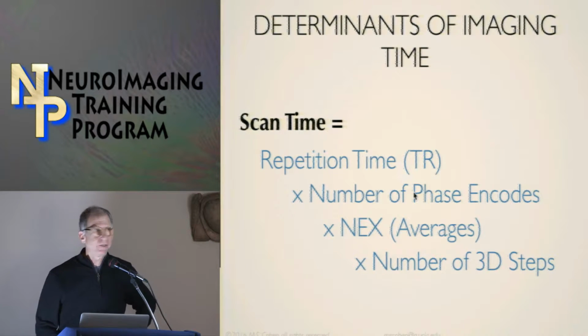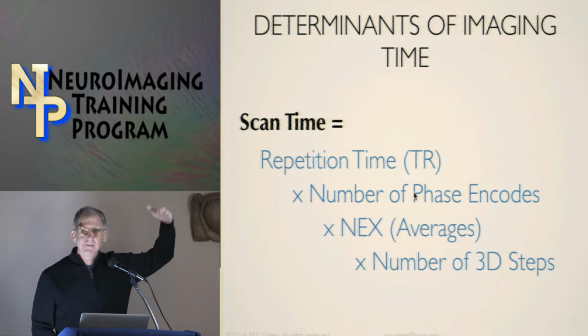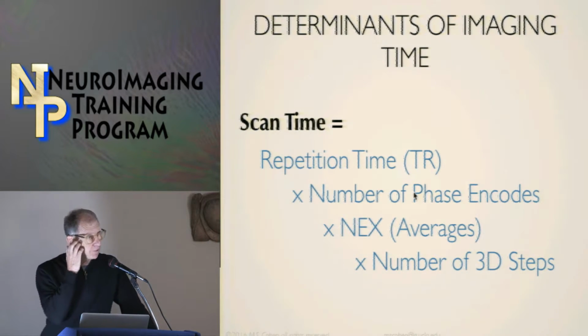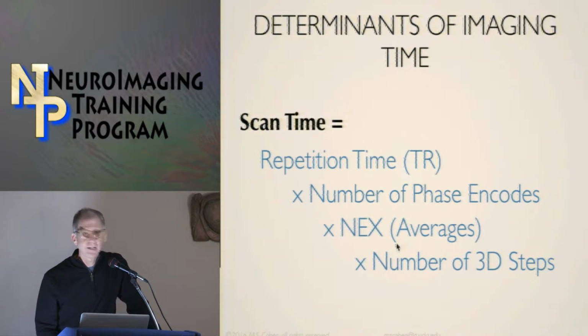But in a conventional scan, every single line of the data is separated by a TR. Therefore, the more lines you have in the image, the longer it takes to acquire the image. Some people also do averaging, which improves SNR. If you do 2 averages, it's like doubling the sample size in your population. It just increases the SNR by the square root of the number of averages.